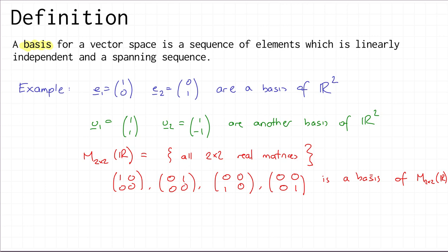Let's return to the thing which I wanted to highlight about this definition, which is the important thing here, a sequence of elements. Okay, not a set of elements, a sequence of elements. So what's the difference? Well, a sequence has the property that order matters. In a set, order doesn't matter. The set {1, 2} is equal to the set {2, 1}.